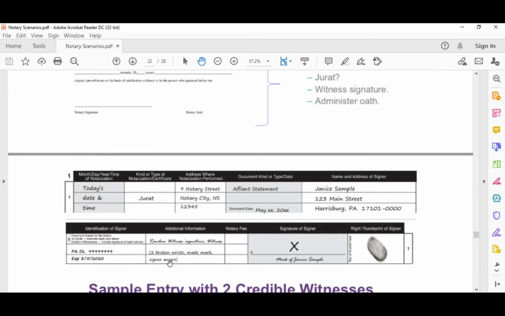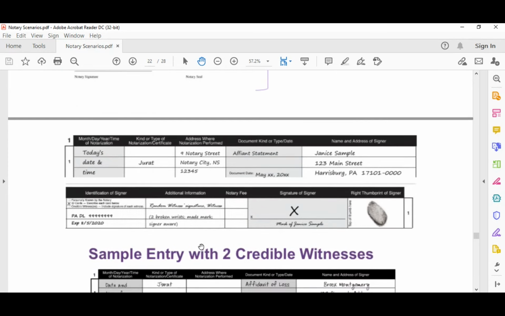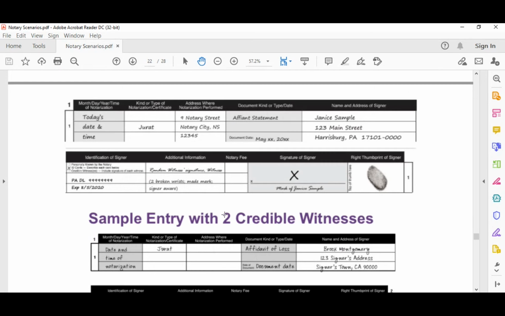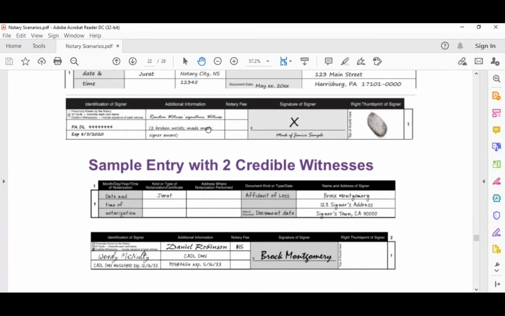She had 2 broken wrists and she had 2 witnesses. And you want to make sure that they're impartial. Make sure they don't have any beneficial or financial interest in the document being signed. Now, because she had witnesses, you're also going to be making a journal entry for the witnesses, okay? This is how you would do that.